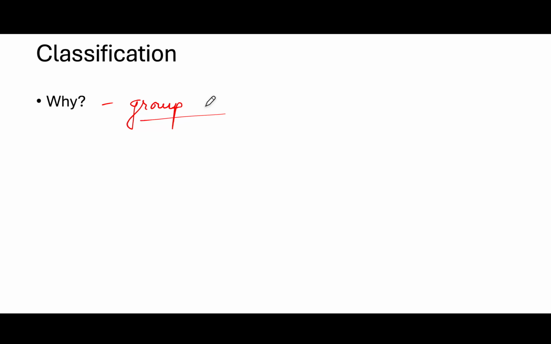These groups exactly represent the classification system of living beings. So clear? So we understood why a classification system is required.